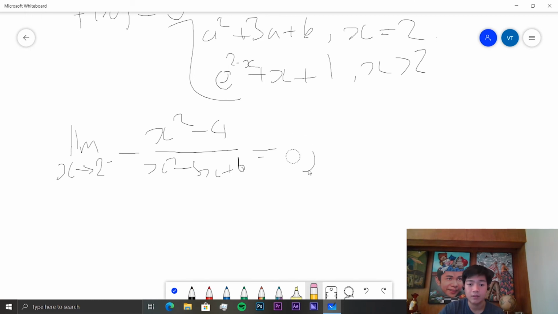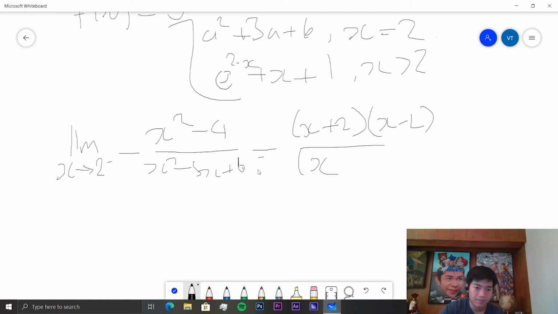Okay, so we have x plus 2, and at the bottom, because we also have x minus 2, and then over here, x squared minus 5x plus 6 is equal to x minus 2 times x minus 3.